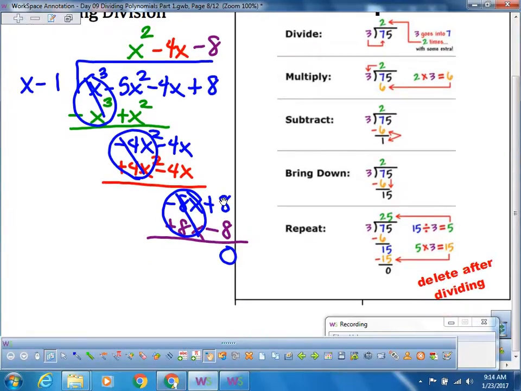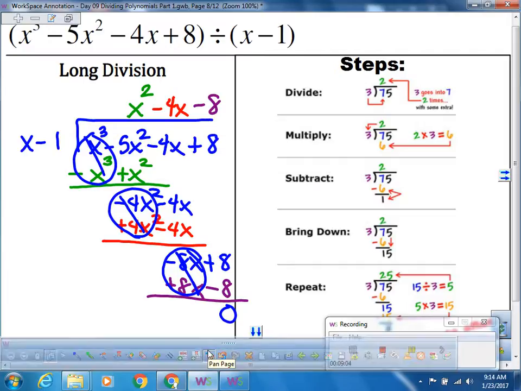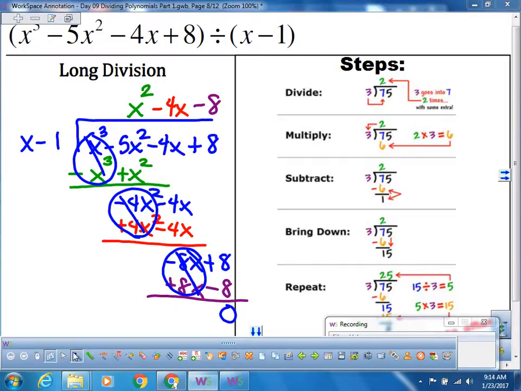So the way I would answer this, and this is how we're going to write it. Okay? So the answer to this is this number, right? X squared. I think I'm going to write it in here.